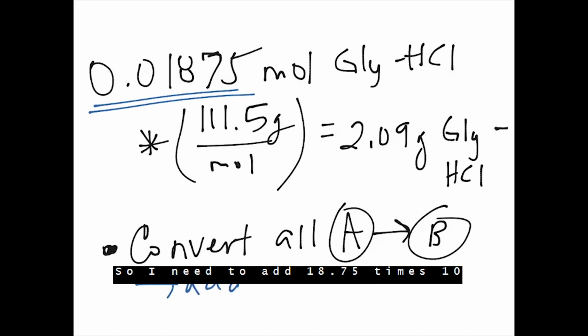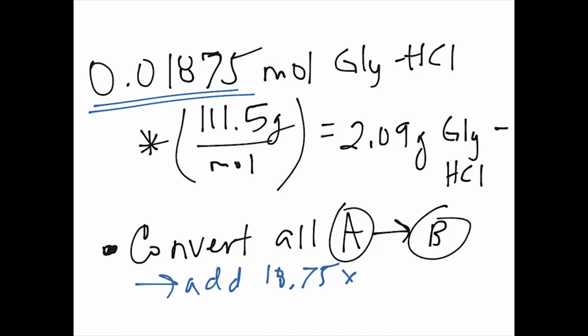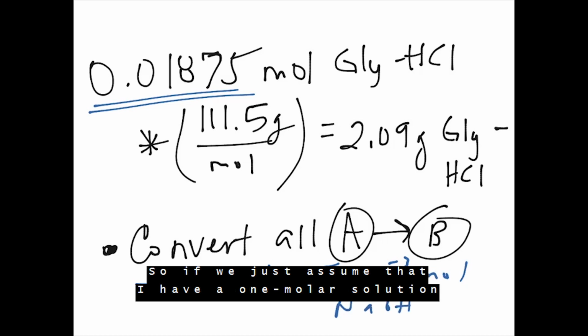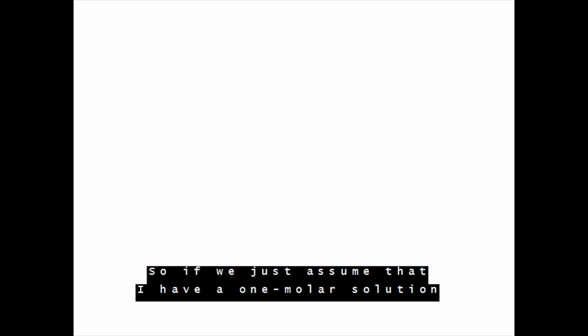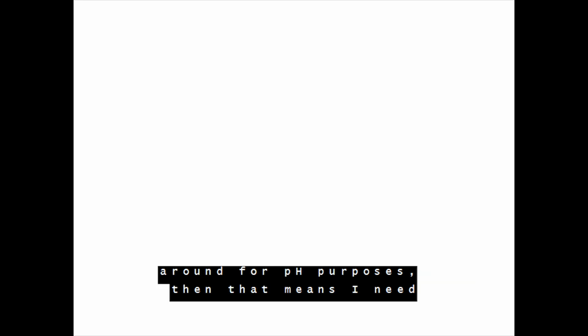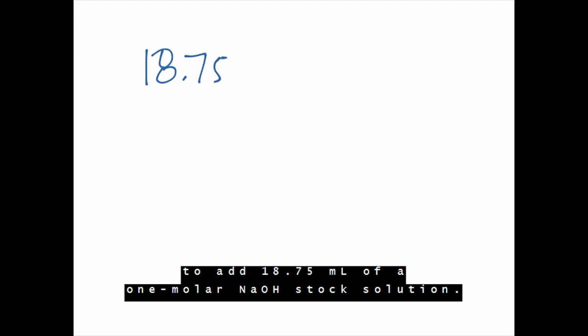So I need to add 18.75 times 10 to the minus 3 moles of sodium hydroxide. If we just assume that I have a 1 molar solution of sodium hydroxide sitting on the bench, because we've always got buckets of base and acid sitting around for pH purposes, then I need to add 18.75 mLs of a 1 molar NaOH stock solution.